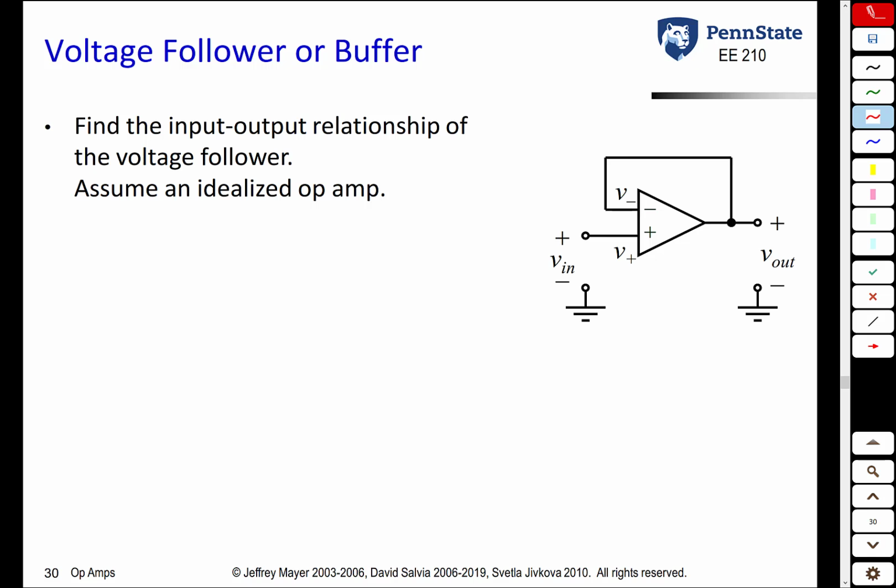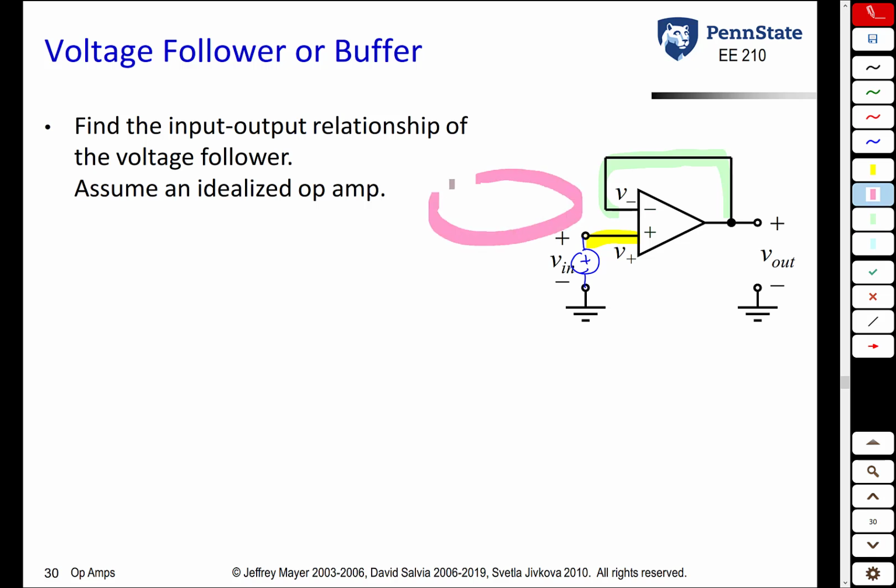In a voltage follower circuit, we're connecting V in directly up to the non-inverting input terminal, just like we did in a non-inverting amplifier. But as far as the feedback goes, we're not going to put any resistor at all between V out and the inverting input terminal. In other words, we're going to set R2 equal to 0. Furthermore, we're not going to have a resistor R1 connected to ground.